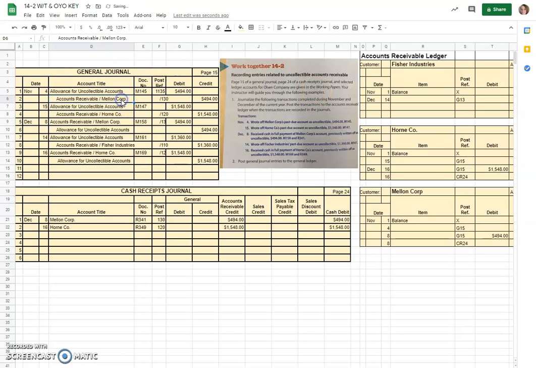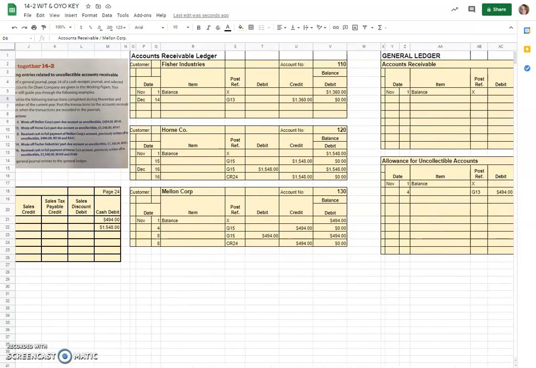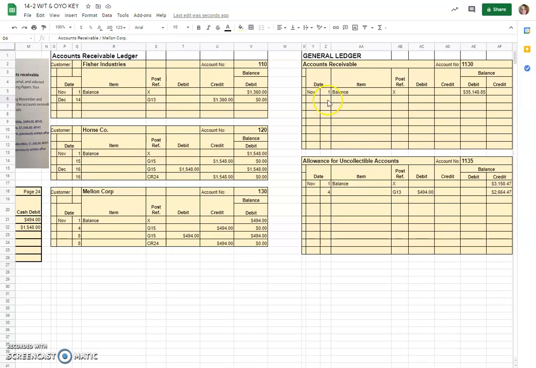And then we'll do accounts receivable Mellon Corp. And it is going to be a credit of $494 to accounts receivable. So still on the 4th, G13, a credit of $494, which reduces this debit balance.